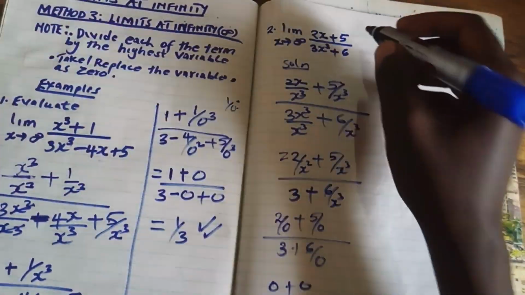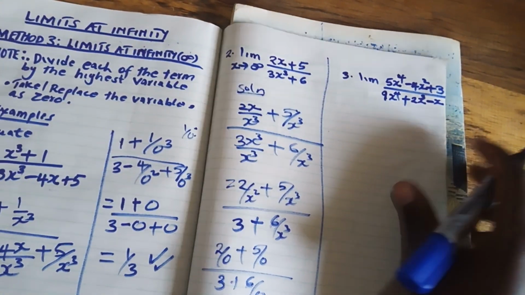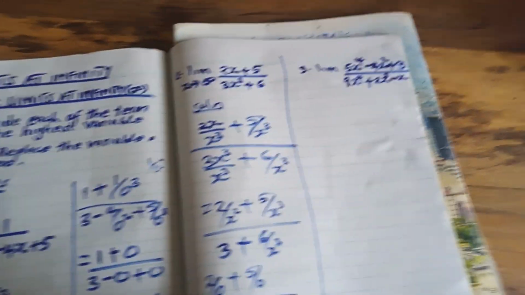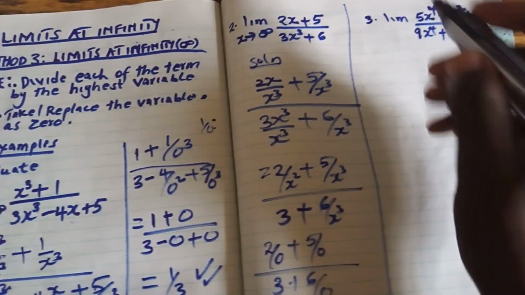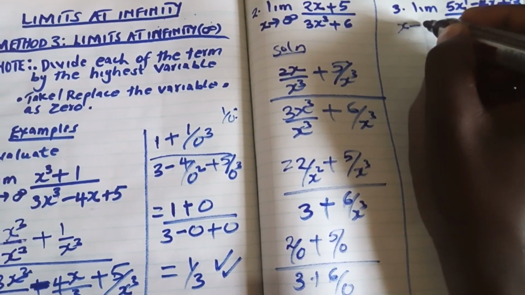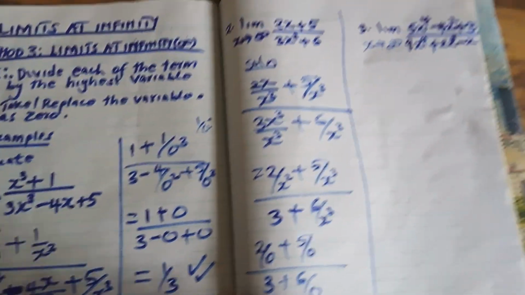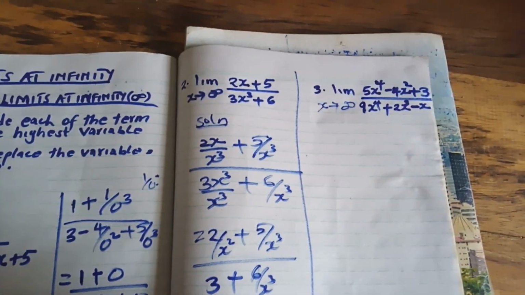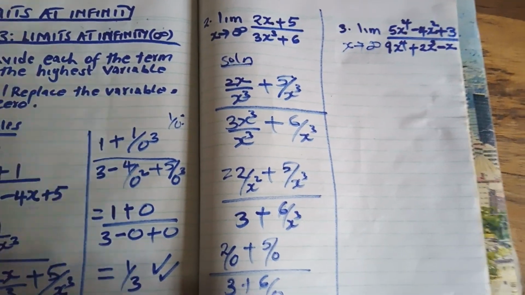Let us proceed to the last example. We have been given the limit as x approaches positive infinity. Then we have been asked to evaluate. What is our highest variable?